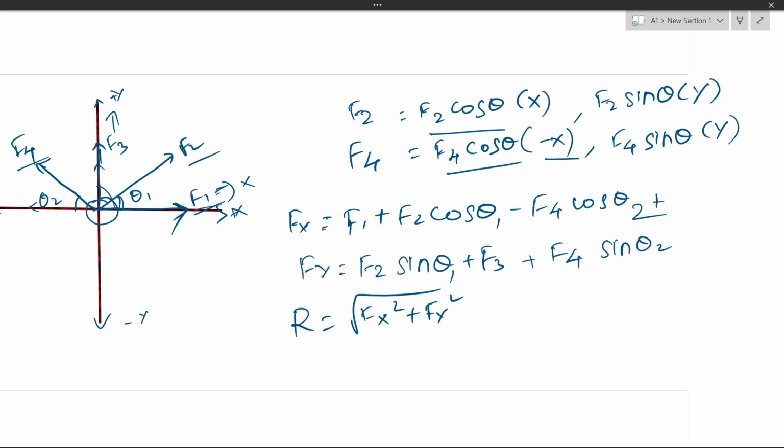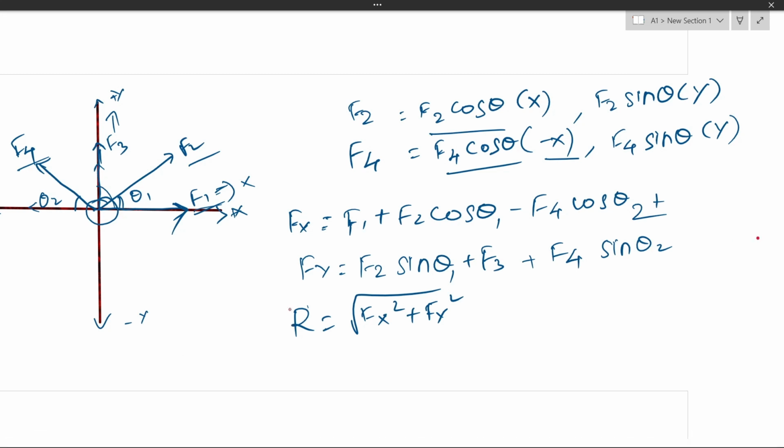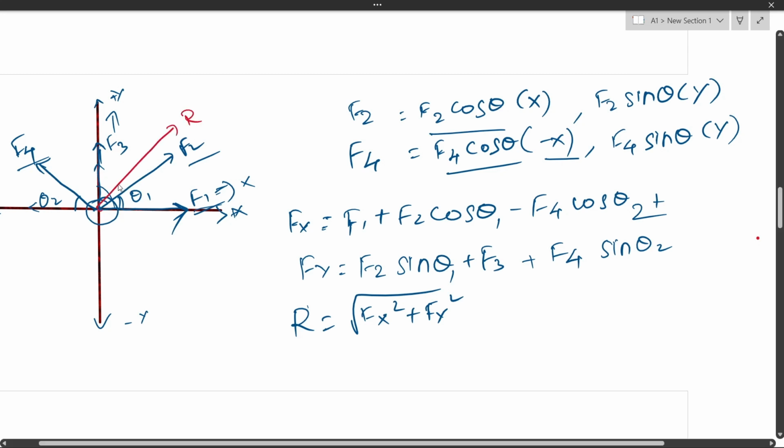And the angle of the resultant force: if the resultant force is acting like this, the angle might be alpha.